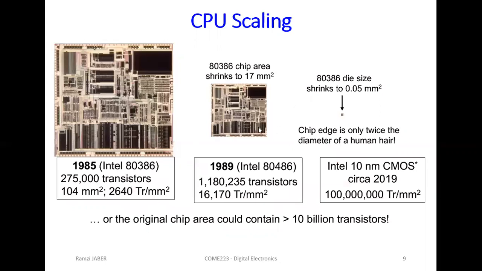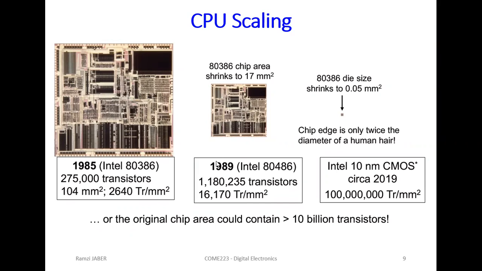Imagine this example of Intel before in 85, the Intel motherboard or CPU. This is the 8383, a CPU microprocessor. It has 275,000 transistors, and the size is 104 millimeter square.